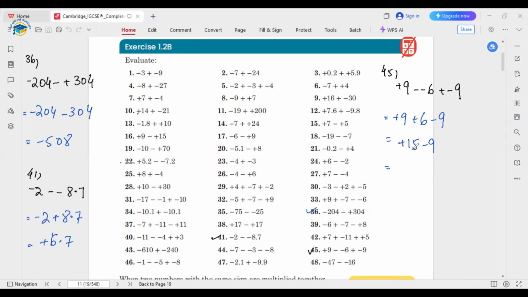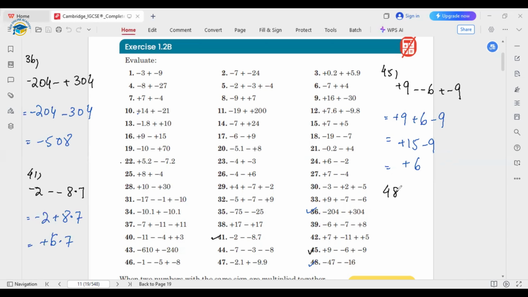So positive negative is negative because we have unlike signs, so we'll be using the greater number sign. And from 15, we are going to subtract this 9. So from 15 subtracting 9, we are going to get +6.